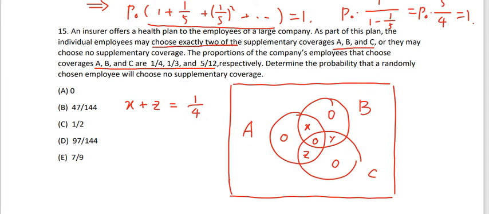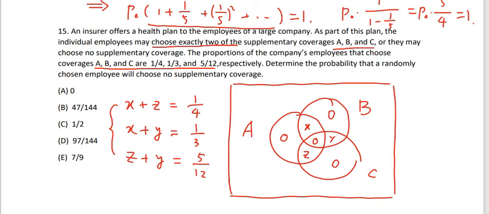Choose B is X plus Y, so choose B is 1/3. And choose C is Z plus Y, which is 5/12.